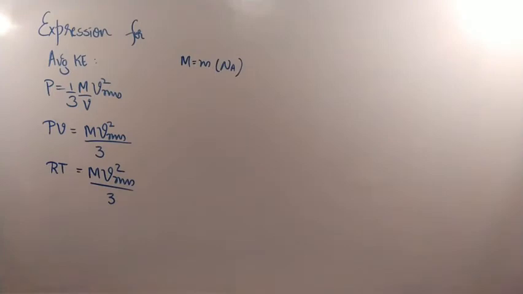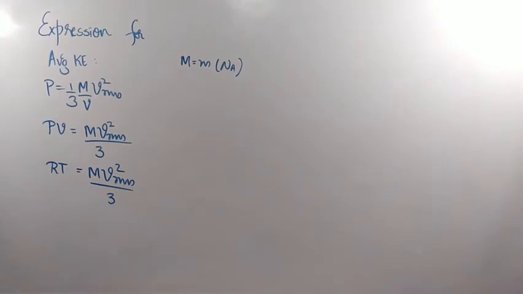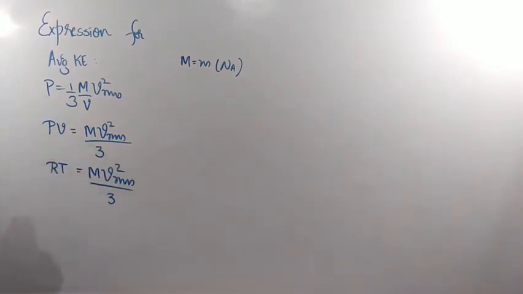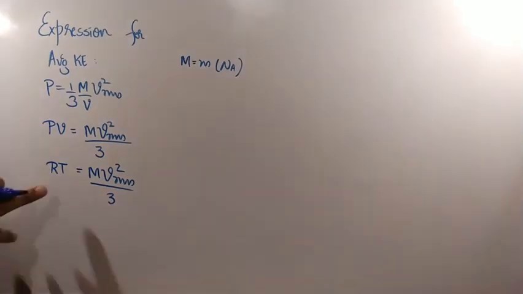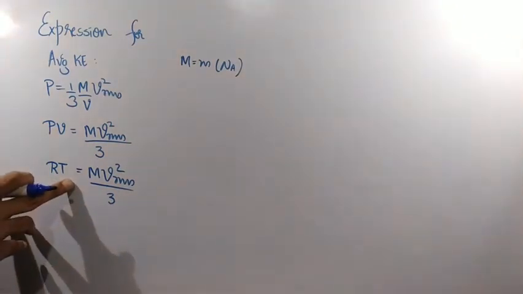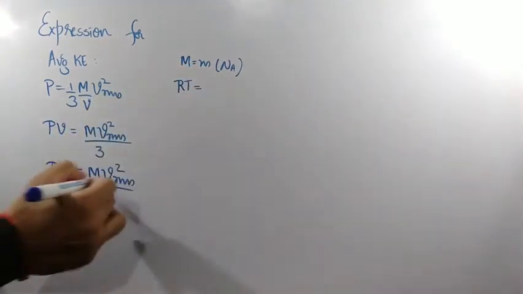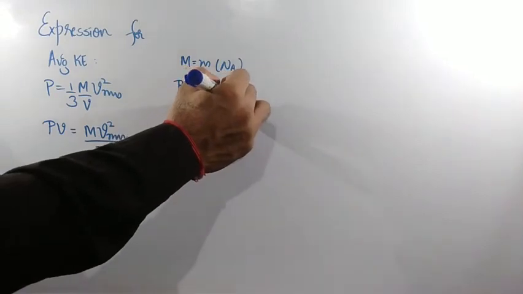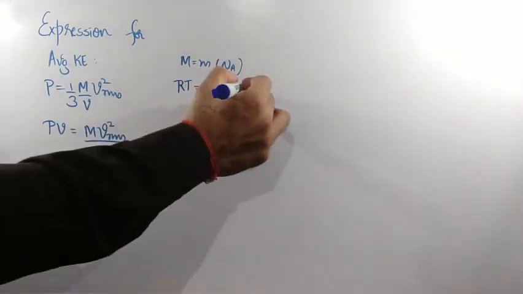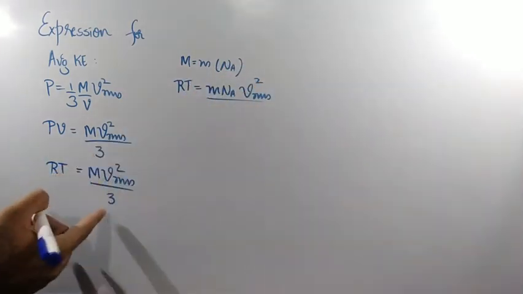Clear? So if I proceed with this equation, RT is equal to, finally our basic thing is we should separate half mv square, because we are going for expression for kinetic energy. V RMS square we are having, but we don't have half. First, leave that concept. RT is equal to capital M is small m into NA, and V RMS square as it is, whole divided by 3.